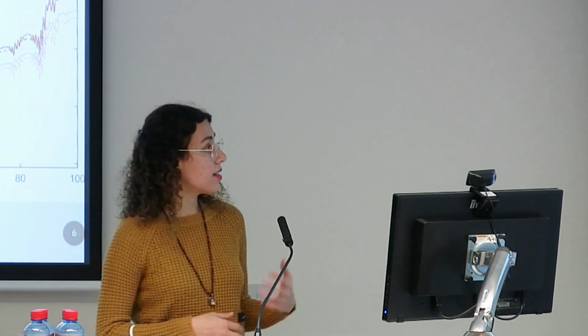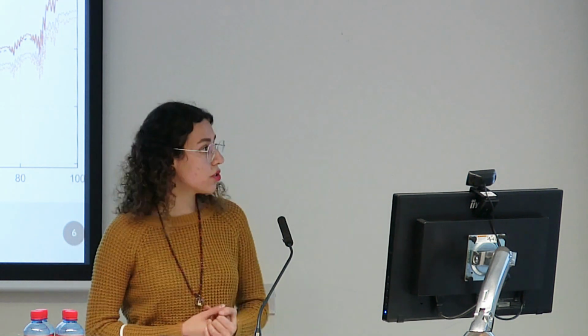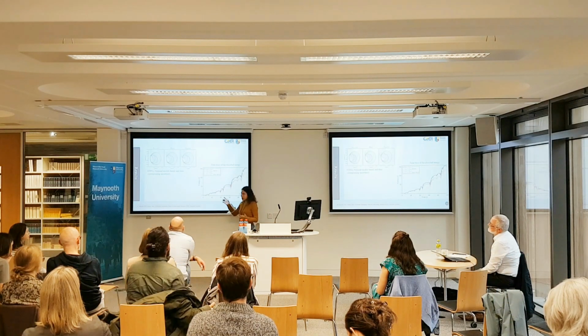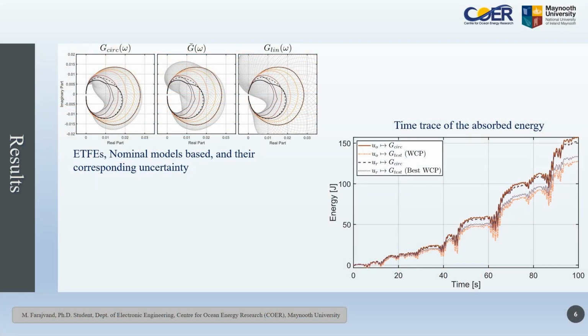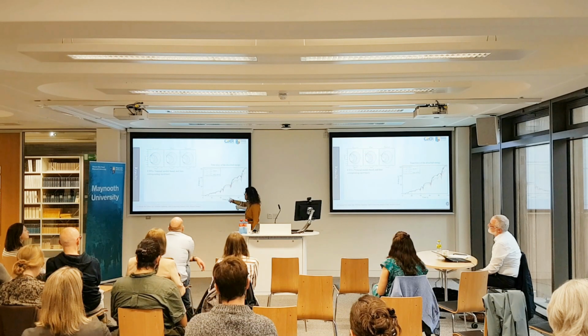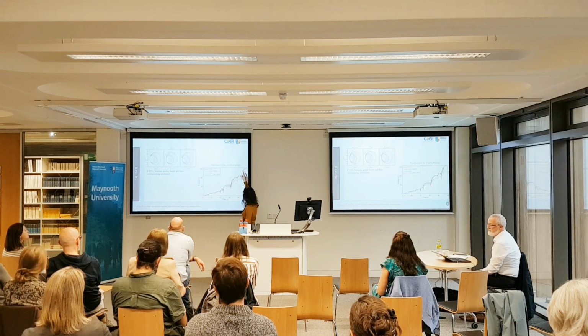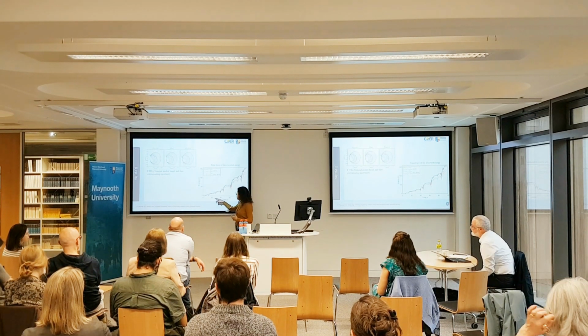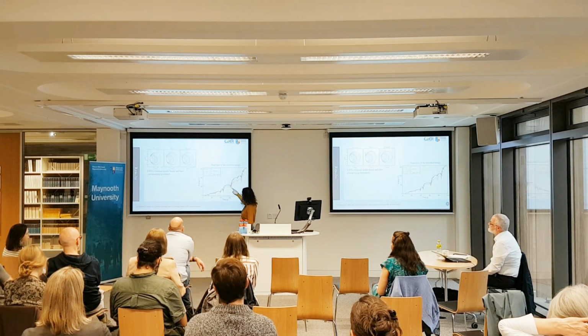These are some results that I've recently published in a journal paper. When we know the model exactly and we design a controller, this is the ideal performance, and this is the level of energy that we can extract. But in a normal situation where we don't know the system exactly, our energy is less.